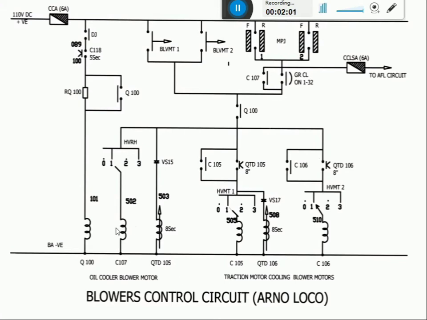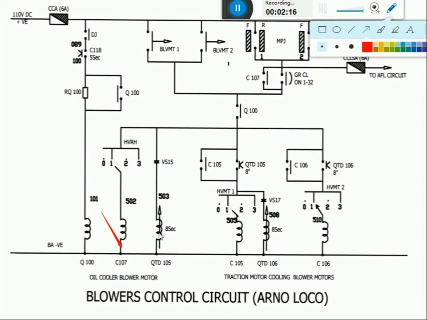Suppose C107 is not closing, first we will see that only C107 is not closing. So we have to change the position of HVRH. HVRH normal position is 1, we have to change it to 3 and try.